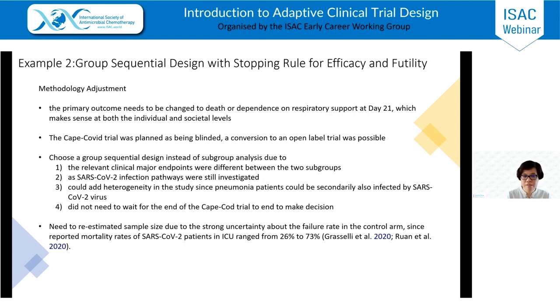the first is that the endpoints are different. Secondly, at that time, they didn't understand the infection pathway very well. And the third is that your standard deviation for the population at the very beginning is based on pneumonia, right? Now here you could have people with pneumonia who get COVID again.